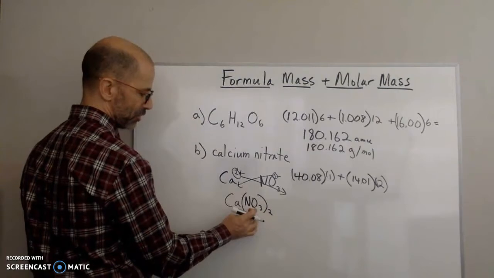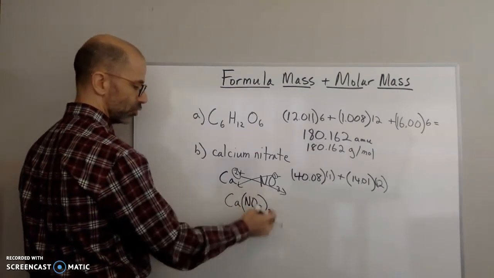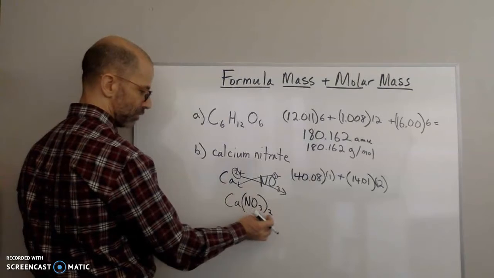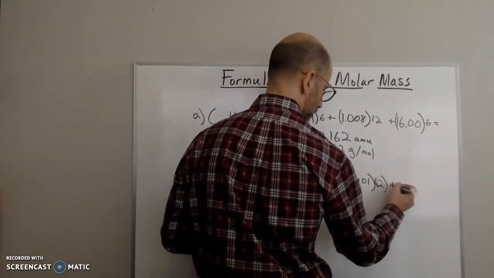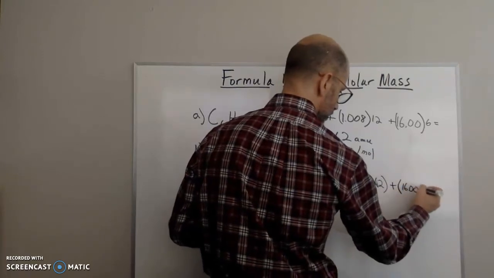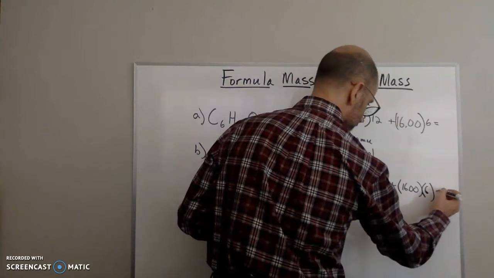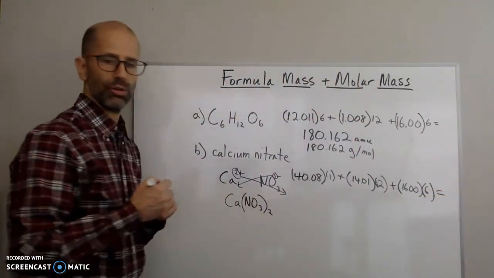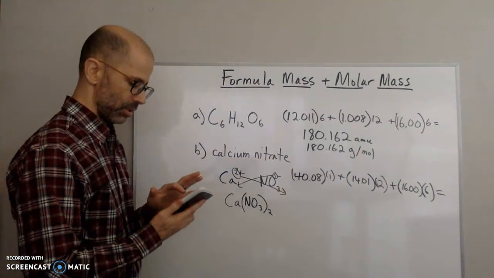And so now I have the nitrogen, and now finally I have oxygen. I have 3 oxygens on the inside. I have to multiply that by 2 to get the total number of oxygens. So 3 times 2 is 6. So I'm going to have to multiply that by 6. So I'm going to add the oxygens. Remember, oxygen is 16.00. I'm going to multiply by 6. And now all I do is I add all of those together using my calculator.